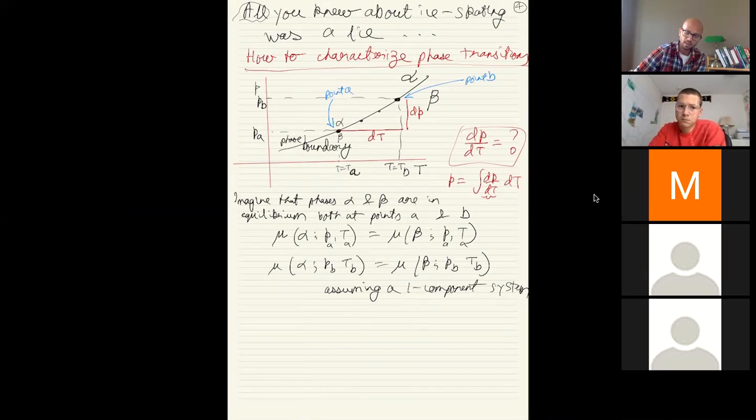So we can say that the chemical potential for phase alpha should be the same as chemical potential for phase beta at point A and at point B. What does this mean?